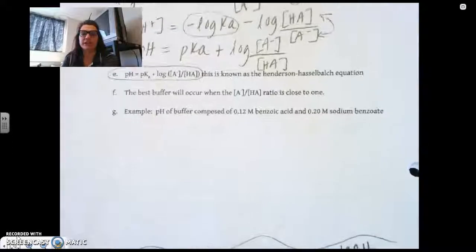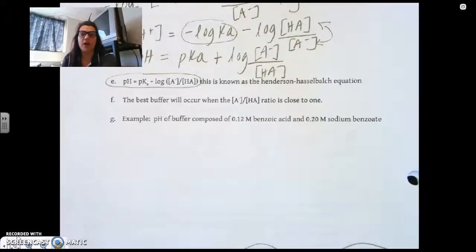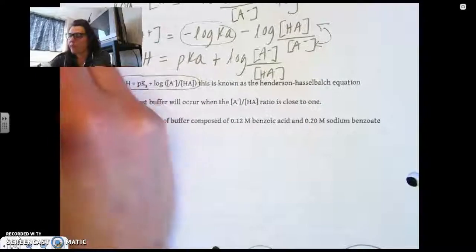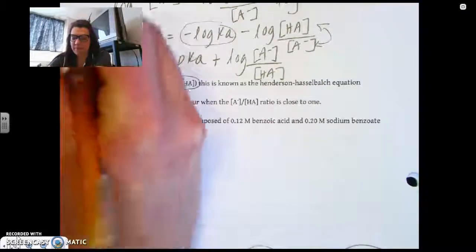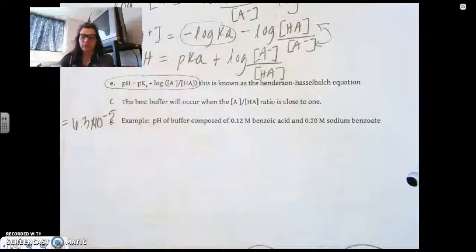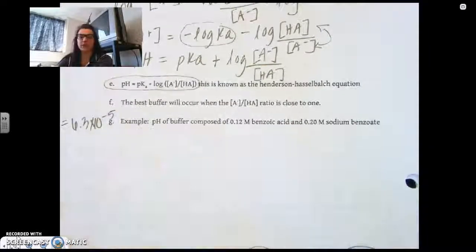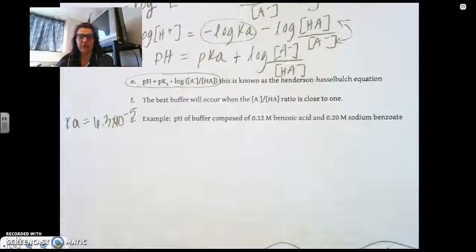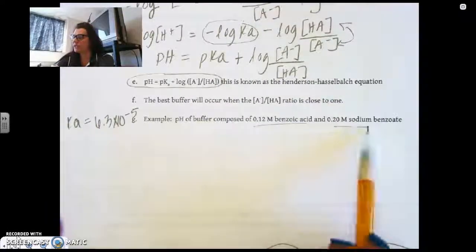Okay, so let's look at an example of how we would calculate this. Let's figure out the pH of a buffer for benzoic acid, and we don't have the Ka here. So the Ka of benzoic acid is 6.3 times 10 to the negative fifth. Ultimately, we're going to figure out what the pH of this buffer is when we have these two things together.